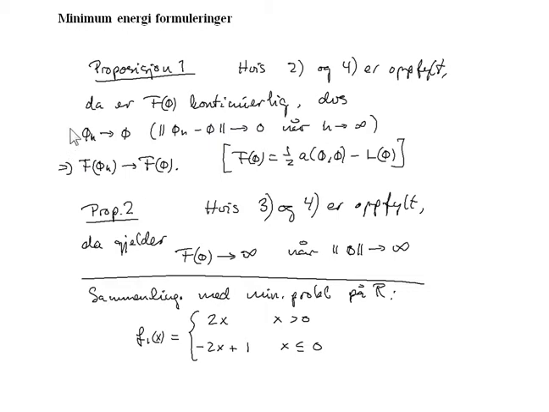That is, if we have a sequence of functions in the space V, let's call them phi n, converging to phi, that means that the difference between these functions and phi, in the norm at least, turns to 0 when n goes to infinity.